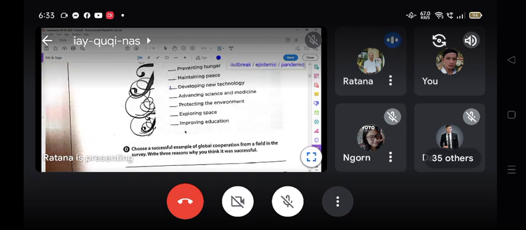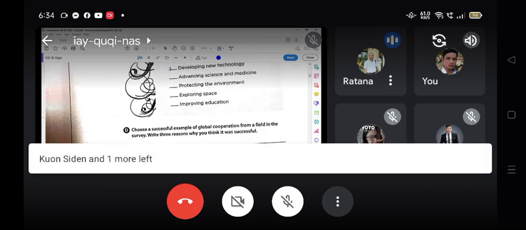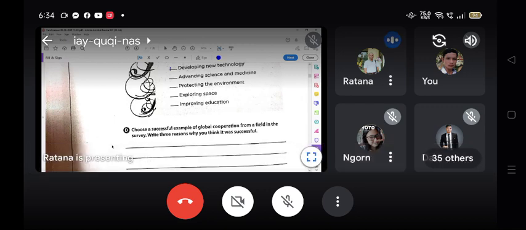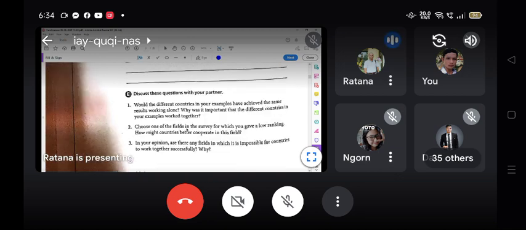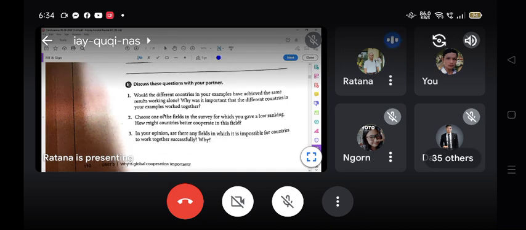For example, improving education: you can see UNESCO and the World Bank try to fund the education program in Cambodia, for example, to fund that money to the children, to improve the education and make the people literate. Okay, so you can discuss the question with your partner. This one we should skip.